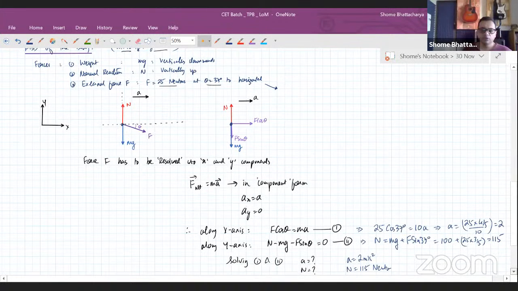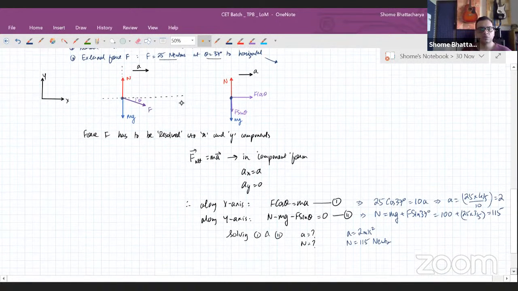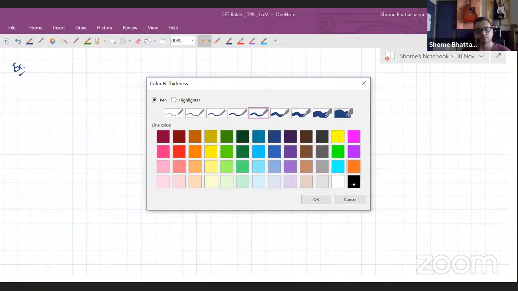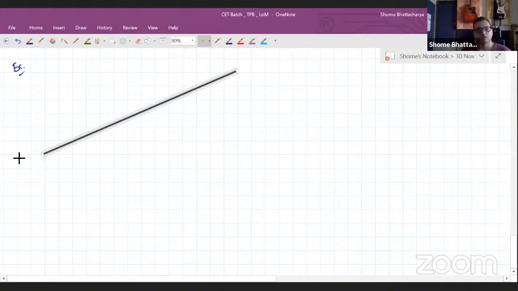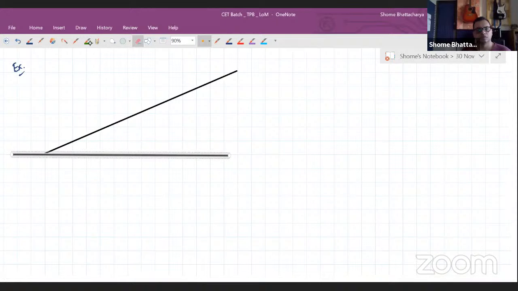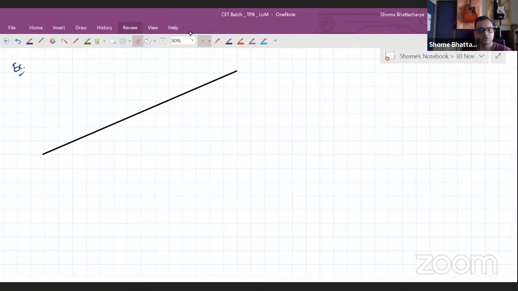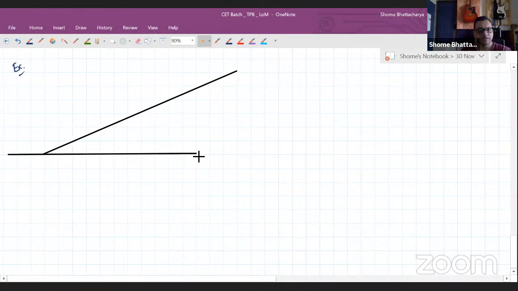Okay, next example, we will look at a situation on an inclined plane again, because that's a very common type of example and also a very important type of example. So we have this smooth inclined plane kind of situation.